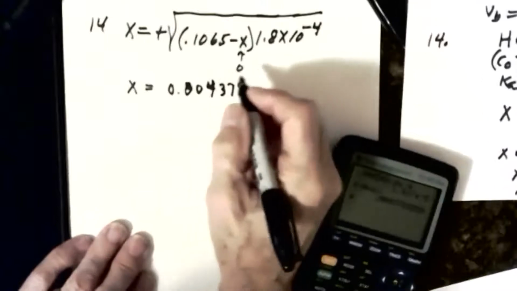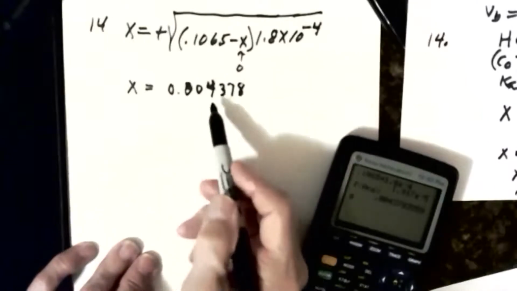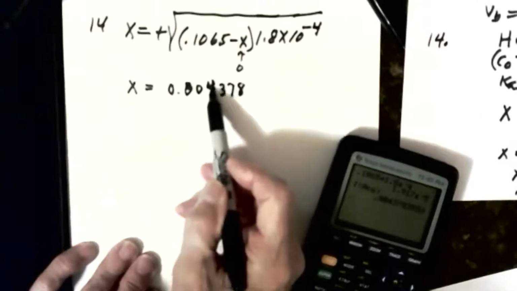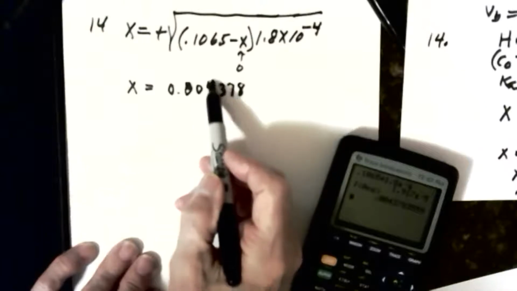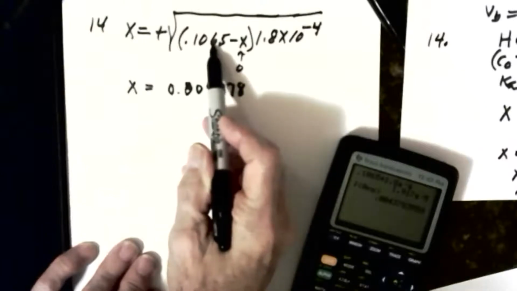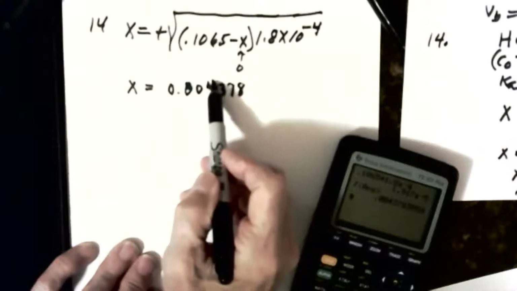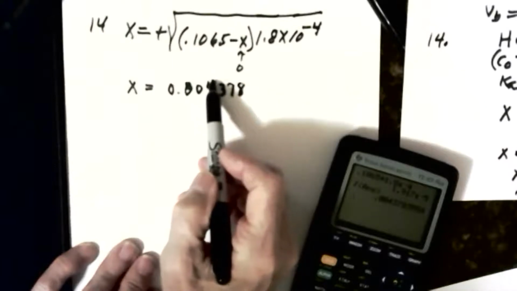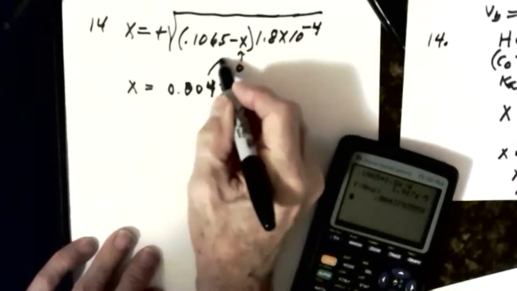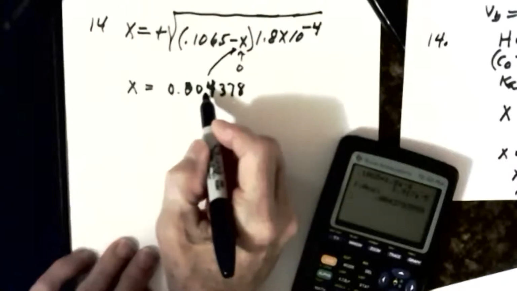Now that's my approximation. Now I'm not so sure. See, I've got 0.004, so I'm still going to be subtracting in that third decimal place, and it's a significant amount.